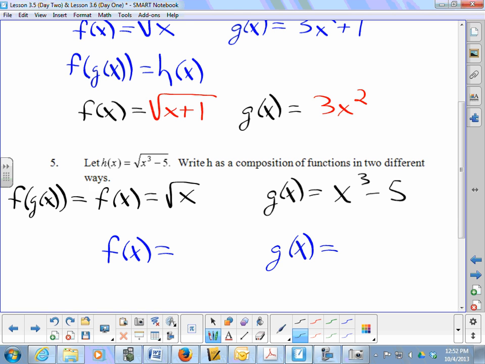All right, that's one way to get that. So if I had square root of x minus 5 and then square root of x cubed, is that right? That's close. You just want x cubed.